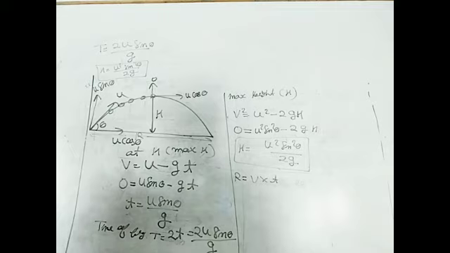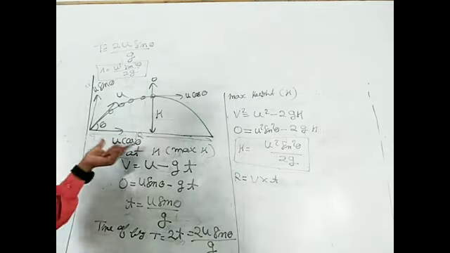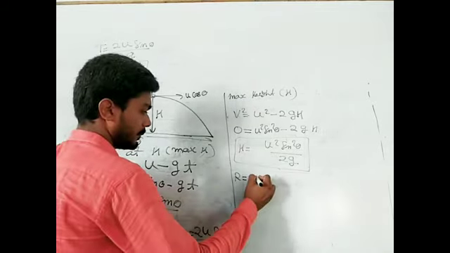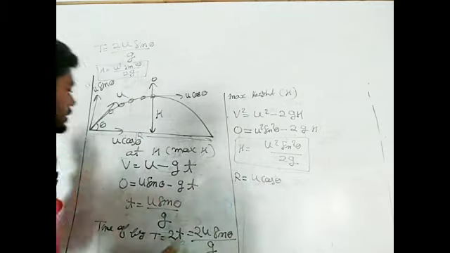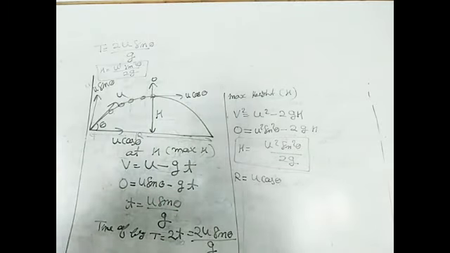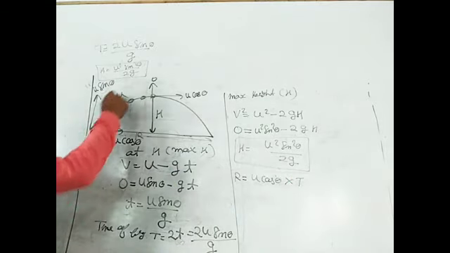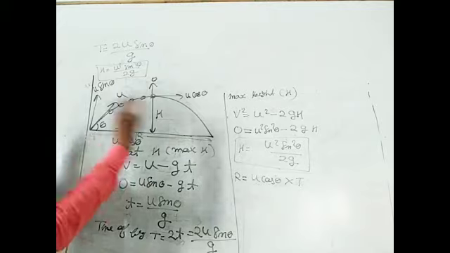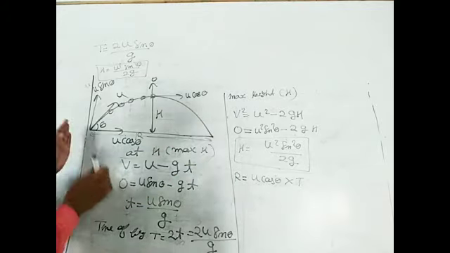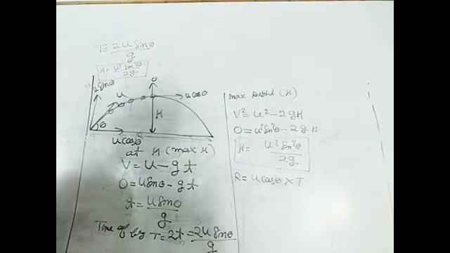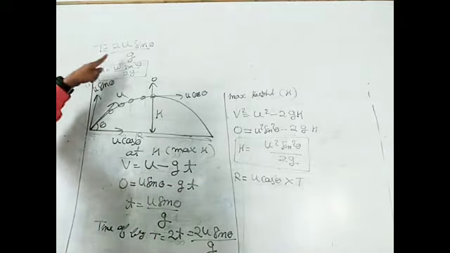velocity into time. And in the direction of range, velocity is equal to u cos theta, and time will be the time of flight, because the time taken by the object to cover this path will be the same as the time taken in the horizontal distance. We have calculated the time of flight.